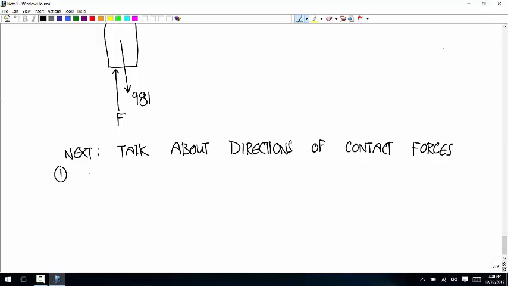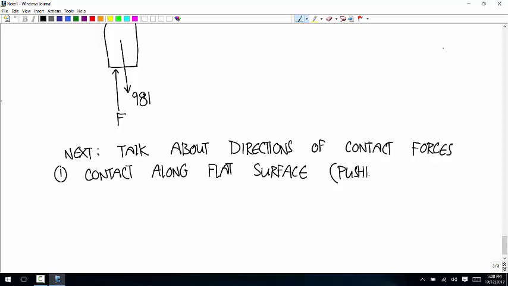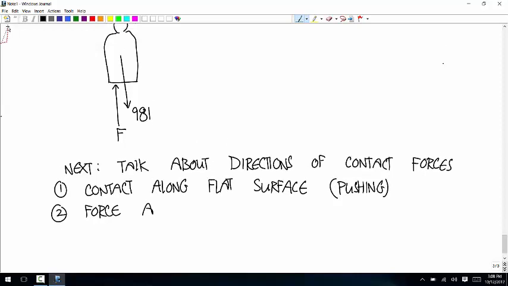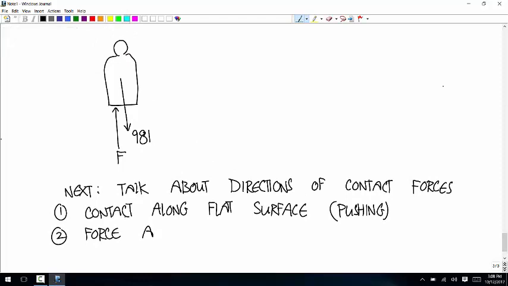The first one is contact along a flat surface. You can think of that as when two things are pushing on each other. The second one is the force applied by a cable, or a string or a rope, or it even, let's just leave it at that for now.